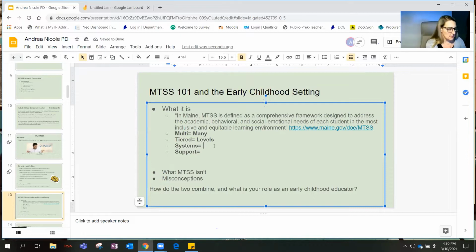Okay, another word for systems. Design, process. Program, yeah. Structured, yeah.